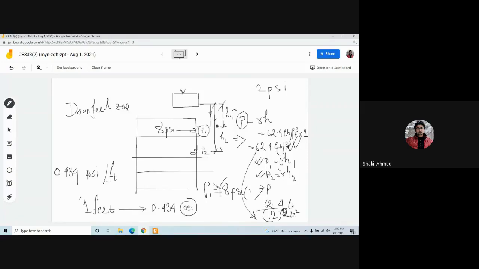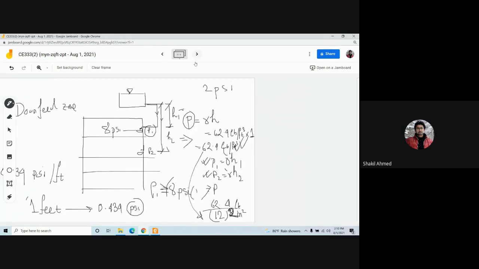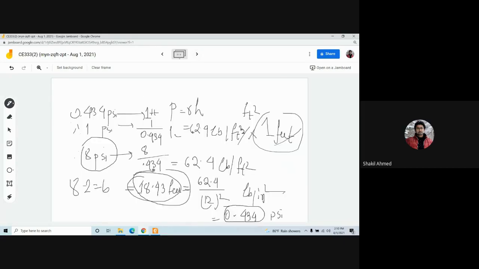That means you have to provide more than 8 psi because some of it will be lost. So instead of 18.43 feet, you increase this to, let's say, 25 feet. Did I make it clear?